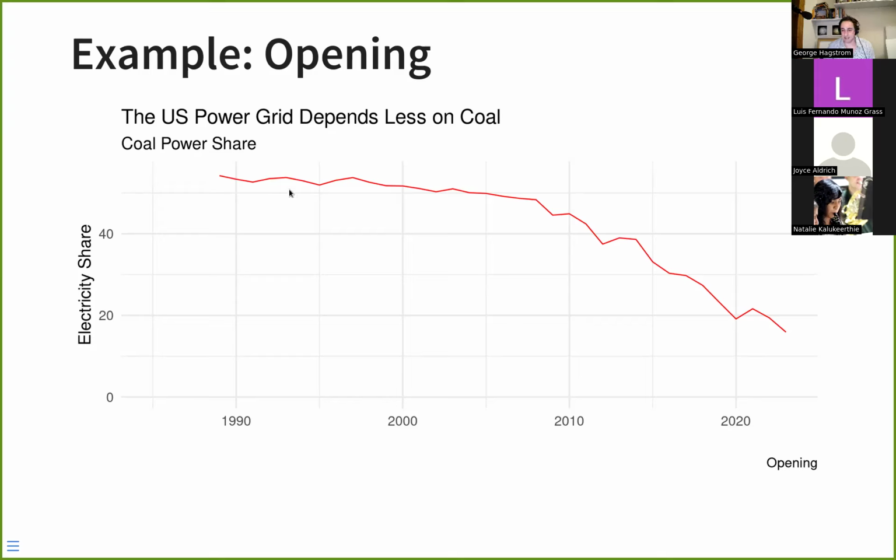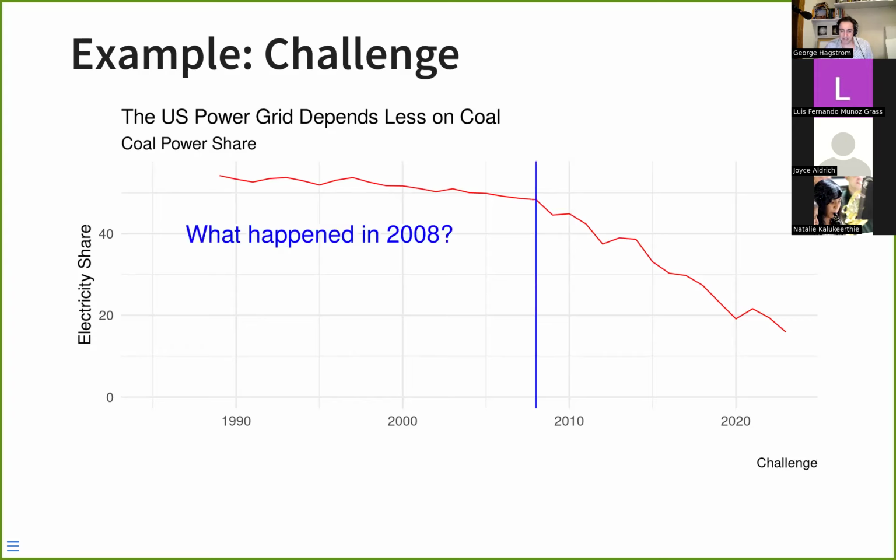As you can see, so this is the opening, it has this decline, which gets steeper at around 2010. And so you might ask, what happened in 2008 to precipitate this really sharp decline in the power share of coal in the US?